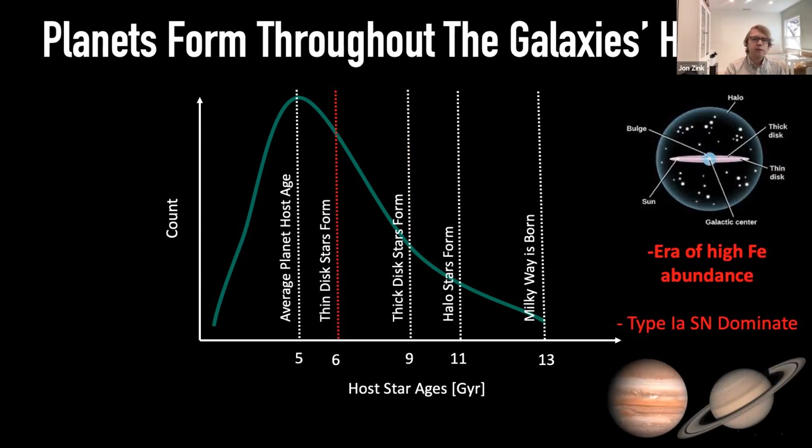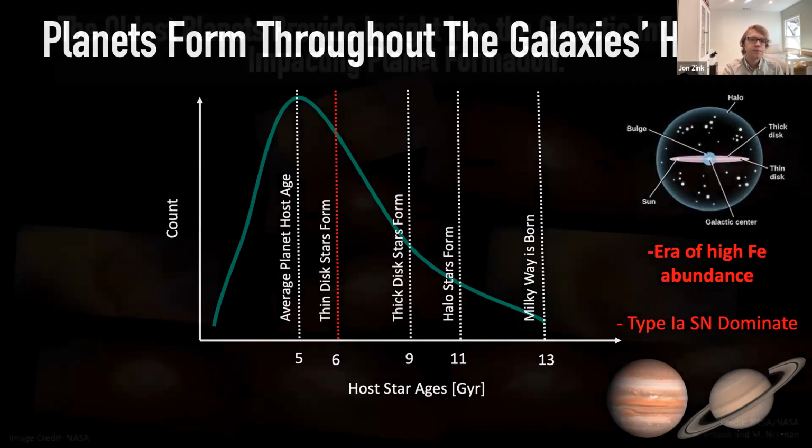So by looking at these different populations, we can hopefully learn something about how galactic influences play into planet formation and potentially understand where we come from. Because remember, the solar system was not born today. It was born in the distant past. So maybe the planet formation we're seeing today is different than the planet formation that occurred 5 billion years ago. That's something we want to think about when we understand how unique our solar system is.